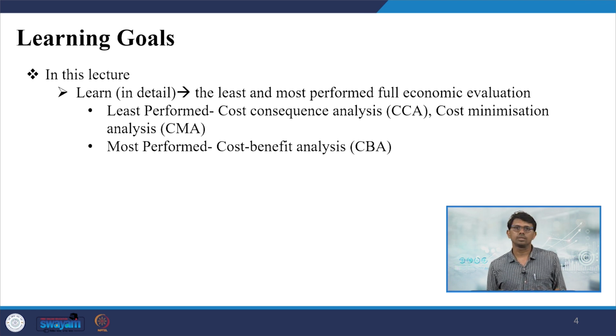Among the 5 methods which we discussed, the least performed are CCA and CMA, but of the other 3, which we said are mostly used, CBA, that is cost benefit analysis, is usually targeted and performed.